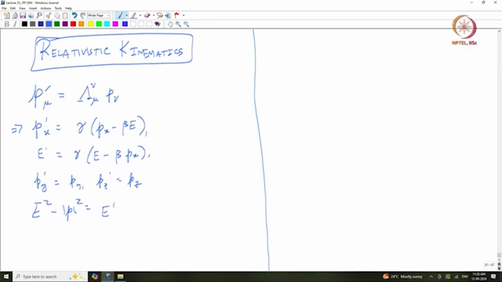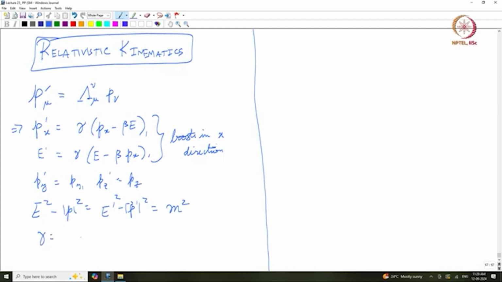And finally, in any frame there is an invariant quantity. What is it? What is this quantity? It is like the space time interval, except this is now called invariant mass when it comes to dynamics, correct. So, these are boosts in the x direction, and what is gamma?